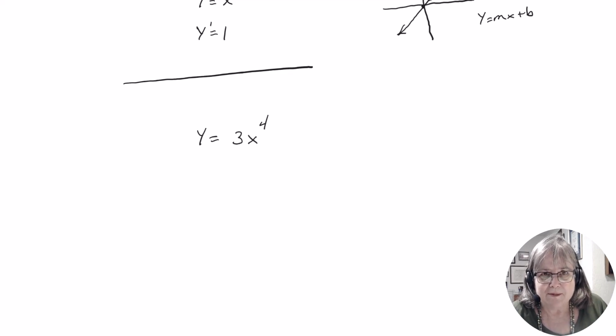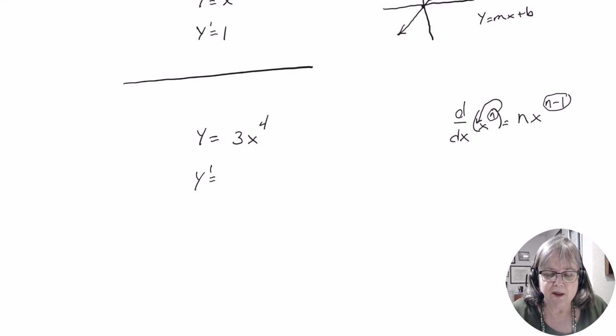So again, check the description. So the rule for this is that the derivative with respect to x of x to the nth power is n x to the n minus 1. So what this says is you're going to bring the power down in front and then take 1 off of this original power and put it right here.